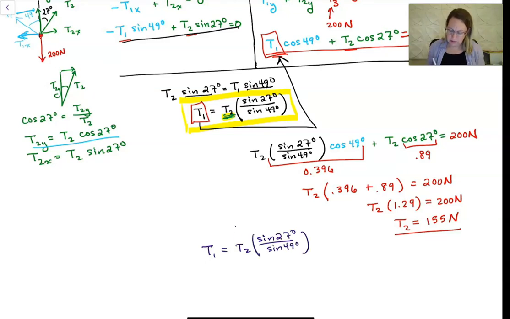This is 155 newtons, so all of that going in, when I put it in, I get about 93 newtons. And so that gives me the values.